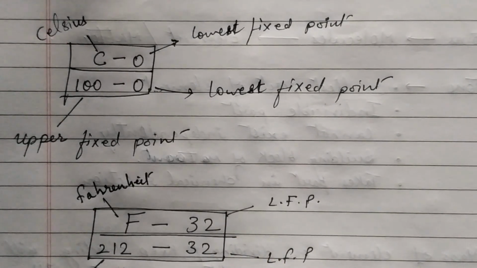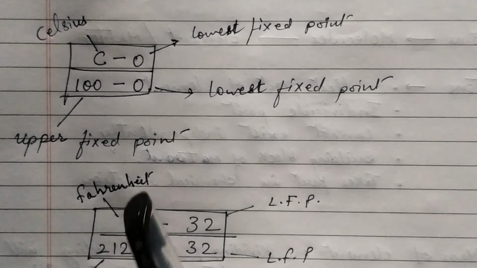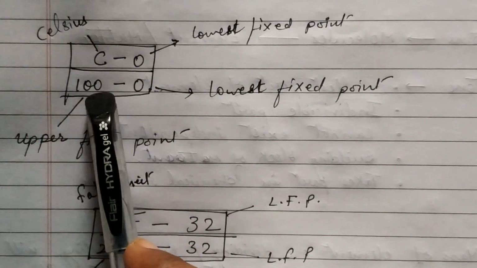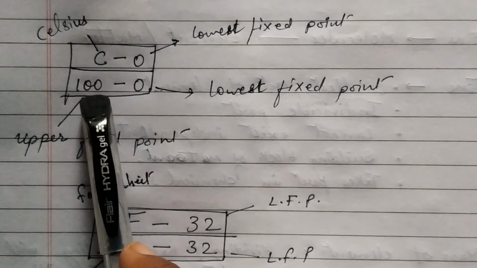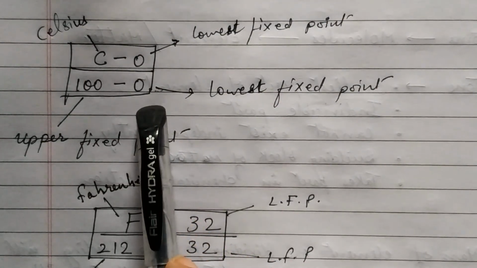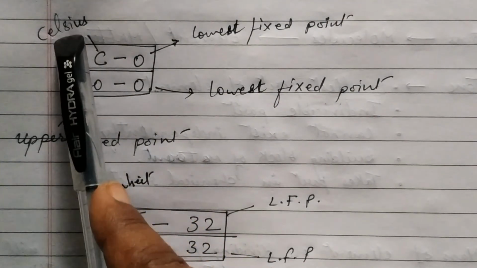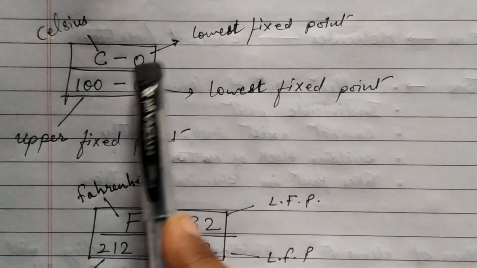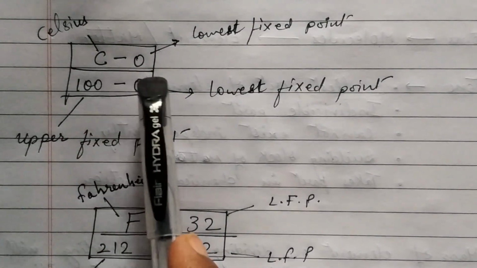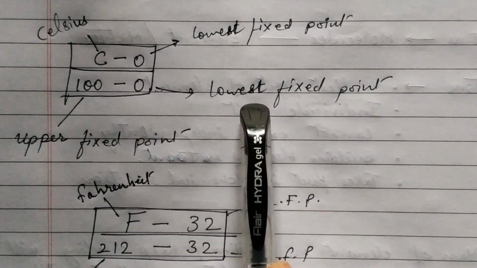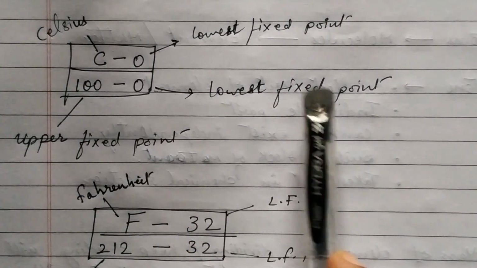Let's understand individually. Sorry, by mistake. The formula for the Celsius scale is (C minus 0) divided by (100 minus 0). C denotes Celsius, 0 is the lower fixed point, 100 is the upper fixed point, and again here 0 is the lower fixed point. So how can we learn it?